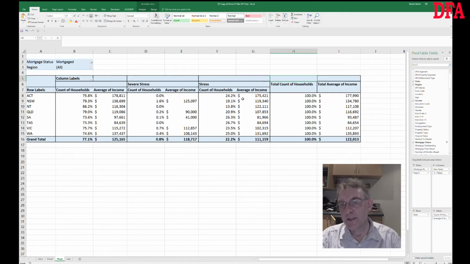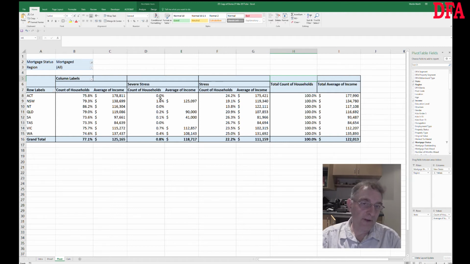If we look at that in more detail, we can see it reported the other way. We have in the ACT around 24% of households in stress, 19% in New South Wales, 13% in the Northern Territory, 20% in Queensland, 26% in South Australia, 26% in Tasmania, 23% in Victoria, and 25% in Western Australia.